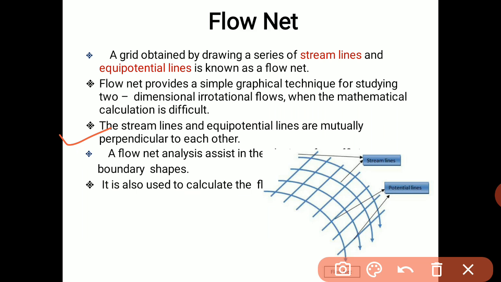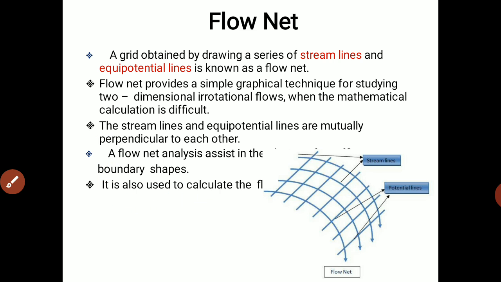A flow net analysis can assist with boundary shapes. What is the boundary shape? This part is in your syllabus; in the 5th or 6th unit, we'll get an idea about boundary shapes or boundary functions. It is also used for calculation of flow velocity. So by using this flow net, we can make our analysis for complex flows where we cannot work in a mathematical way. So that is the flow net.